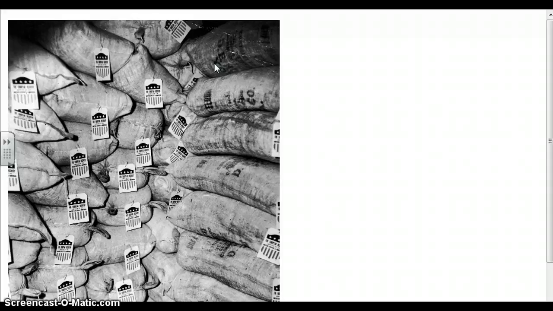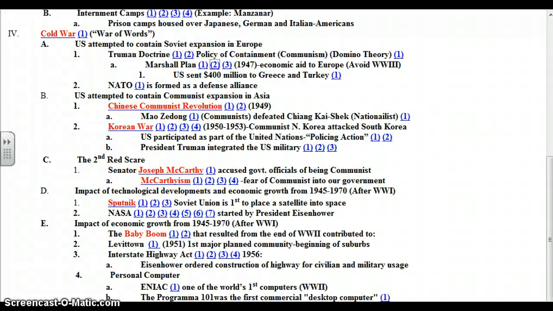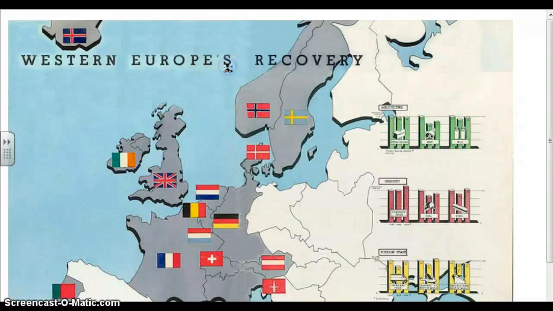After World War II, we wanted to give Western Europe, including the Germans, the supplies they needed to rebuild their countries and not adopt communists or dictators like had been done after World War I.